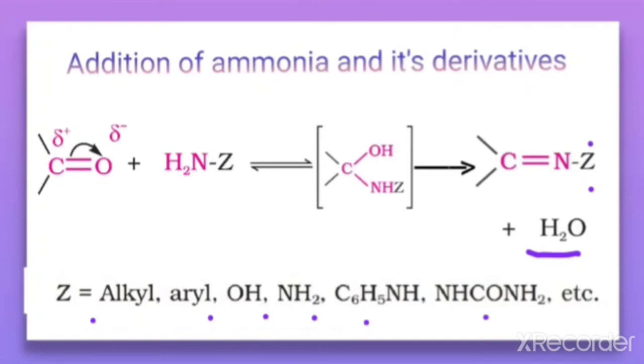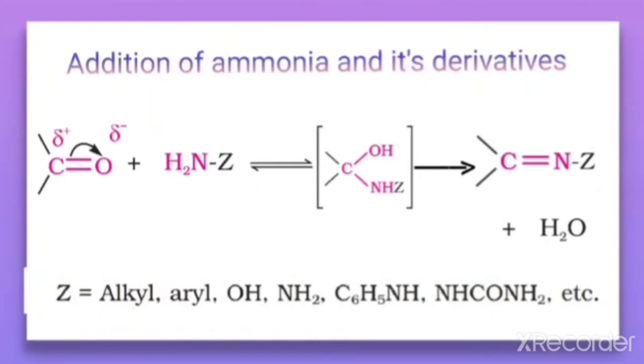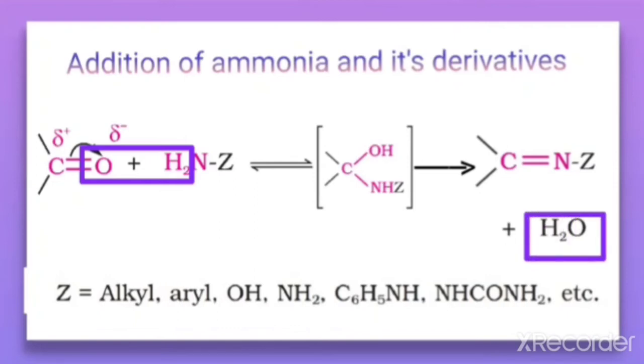I will tell you how you can write this product without the intermediate. Just learn this general equation: carbonyl group plus H2NZ. Now how you can easily frame this product directly: just remove the oxygen from here and the two hydrogens from here.